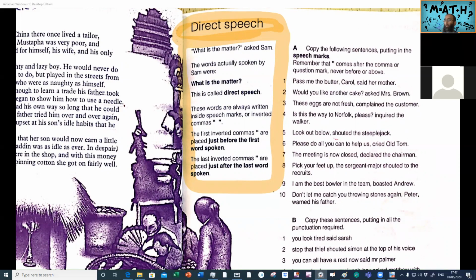This is called direct speech. These words are always written inside speech marks or inverted commas. The first inverted commas are placed just before the first word spoken. The last inverted commas are placed just after the last word spoken.